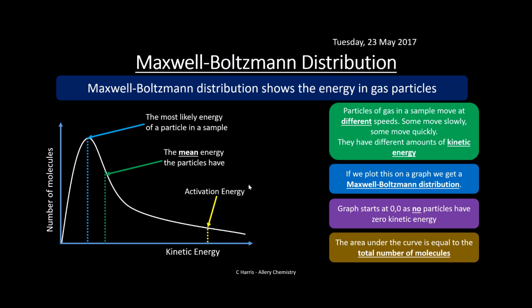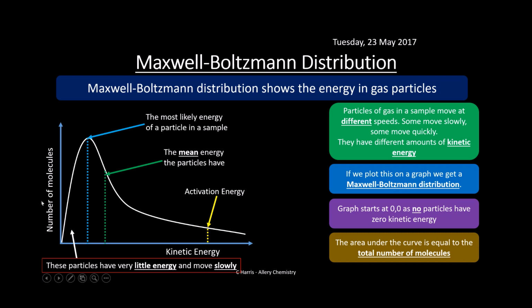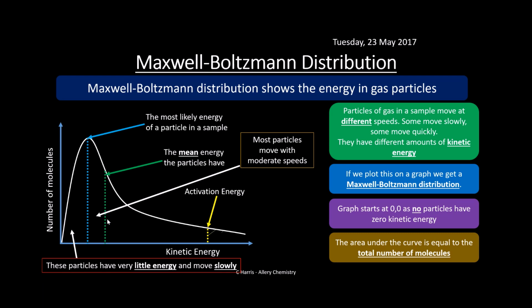Now this point here is the activation energy. This is always to the right of both of them, and it's normally quite far over to the right, as you can see in this diagram. These particles over here on the left have very little energy. They're moving pretty slowly, whereas the ones in the middle have moderate speeds, a little bit more energy.